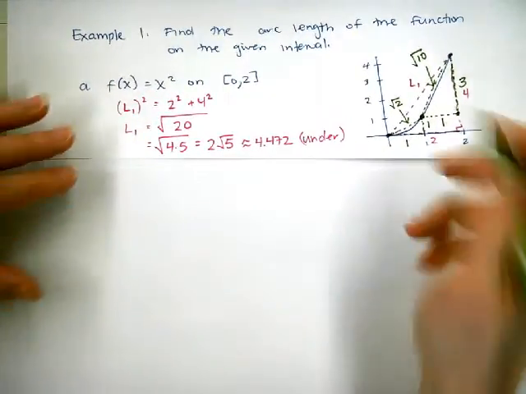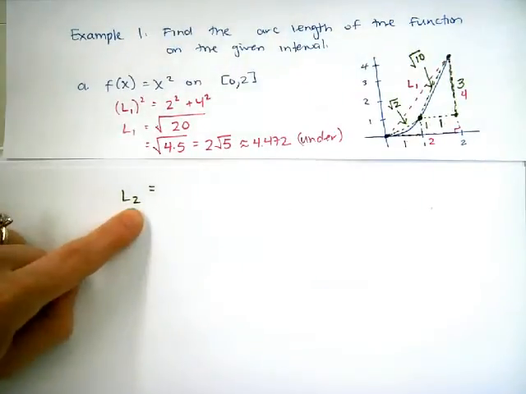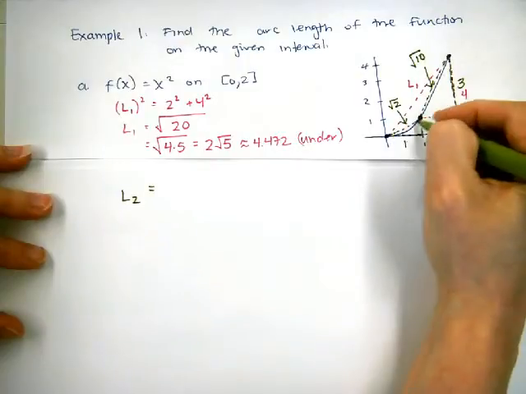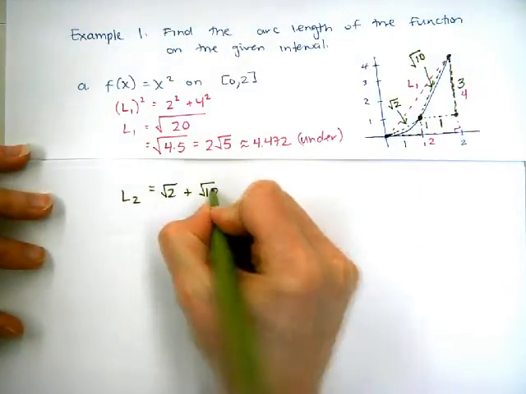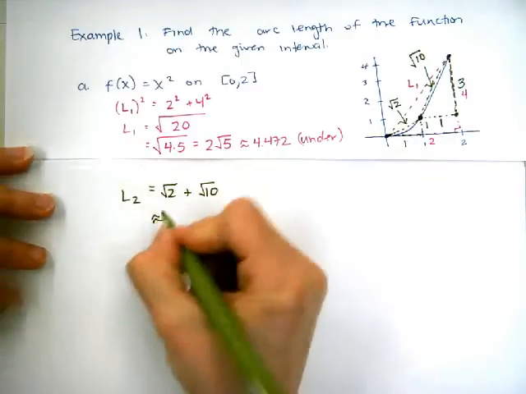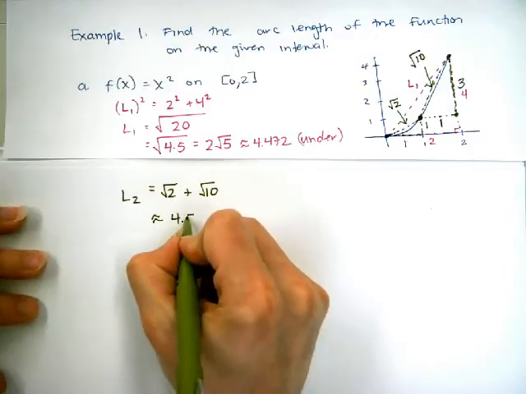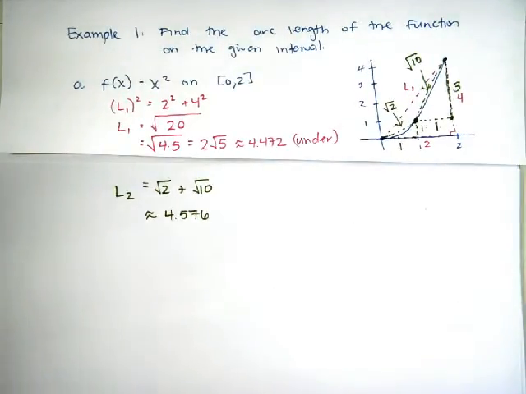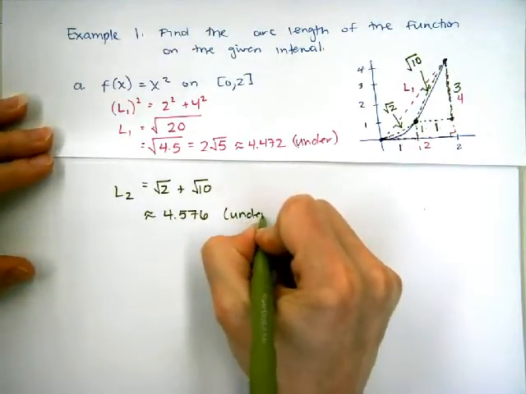Okay, so that means that using 2 lines, the approximate arc length would be the square root of 2 plus the square root of 10, which is about 4.576. This is still an under approximation.